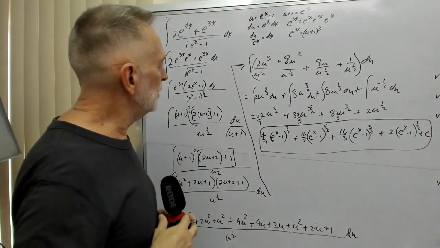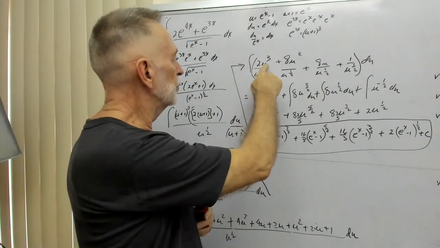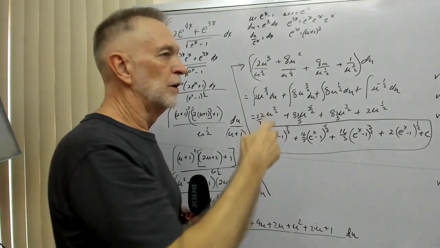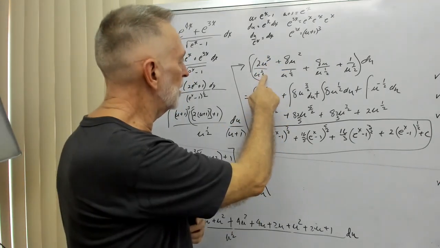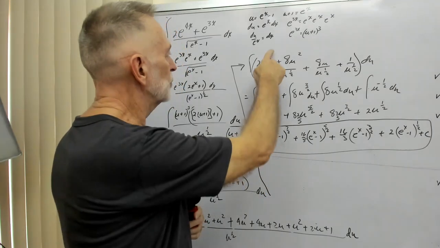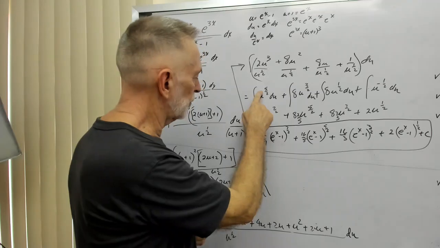So looking at this first one, I just reduced it. I have 2u cubed over u to the 1/2, so 3 is 6 over 2, right? Since I'm getting a common denominator here. So 6 over 2 minus 1 over 2 gives me 5 over 2.